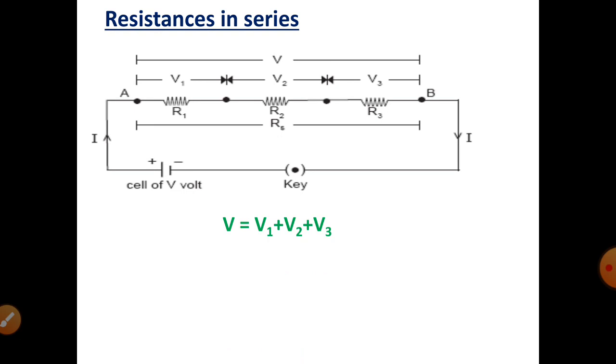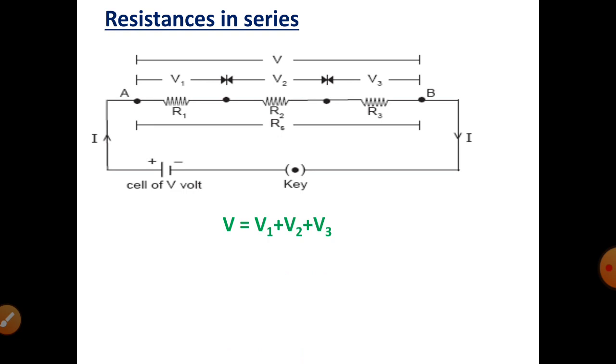Now applying Ohm's law to resistance R1, R2 and R3 individually, for R1 the potential drop across R1 is V1 and the current through R1 is I. So we can write V1 is equal to IR1.